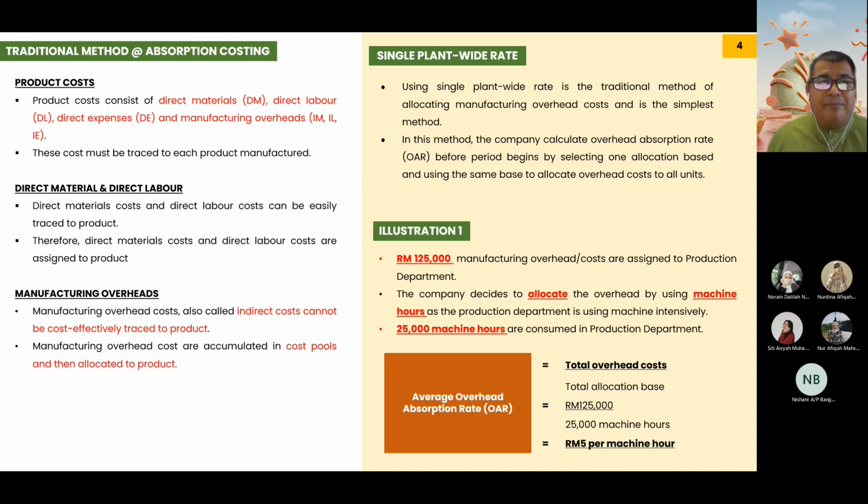Then kita akan add period cost to derive at total production cost. Okay, direct material, direct labor, direct expenses tu semuanya kita akan buat semula. And for traditional method ni, direct material and direct labor are easily traced to product. Normally yang problem sekarang ni ialah manufacturing overhead, so you kena allocate dia.